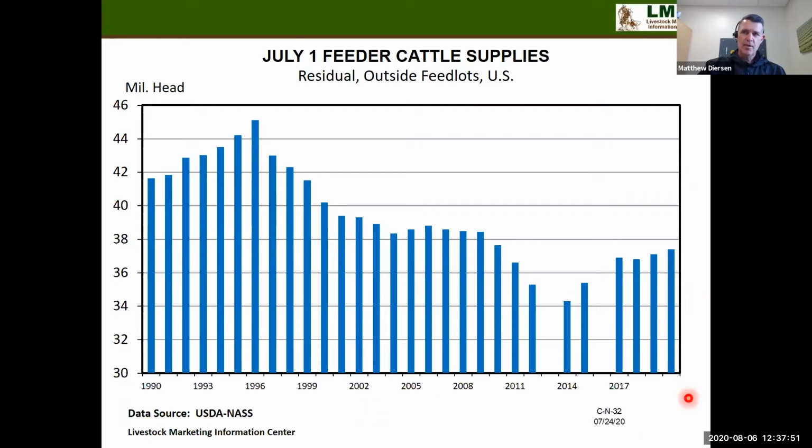Here we've got the 2020. So July 1, the expectation was for feeder cattle outside of feedlots to be below a year ago level, but with the slowdown in placements, there are actually a greater supply of feeder cattle outside of feedlots on July 1 than a year earlier. So that slowdown there too needs to be worked through.